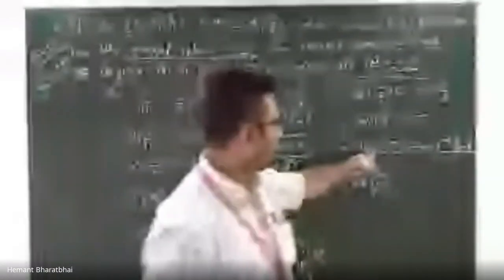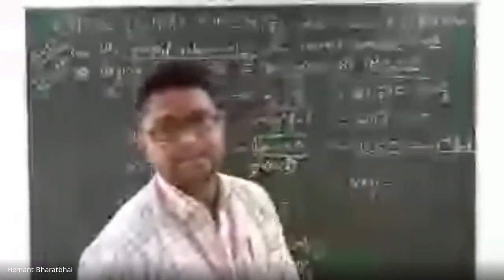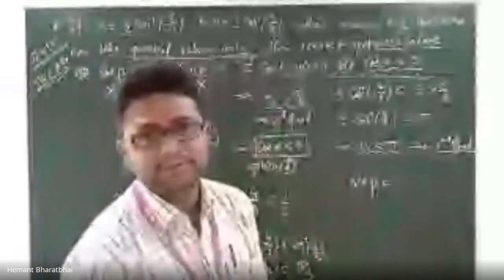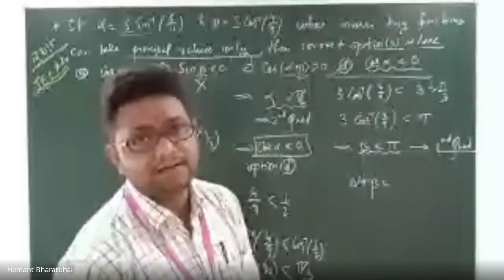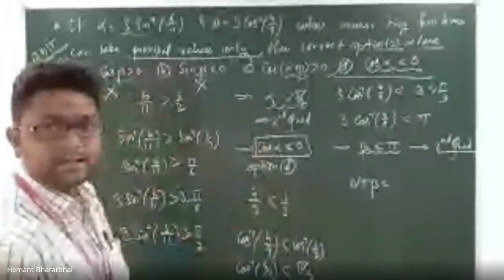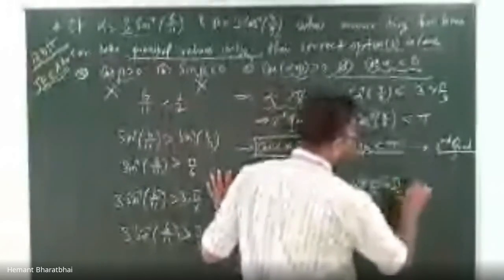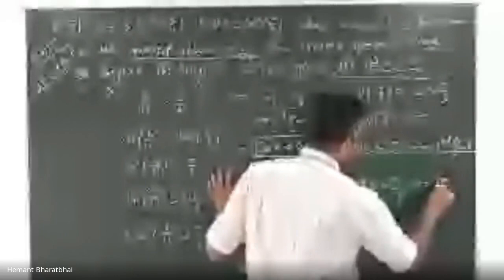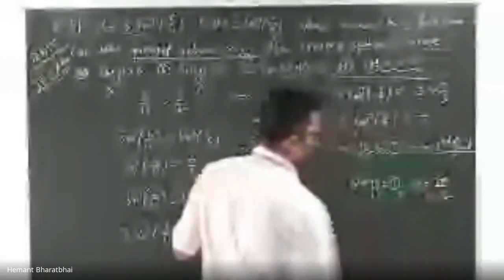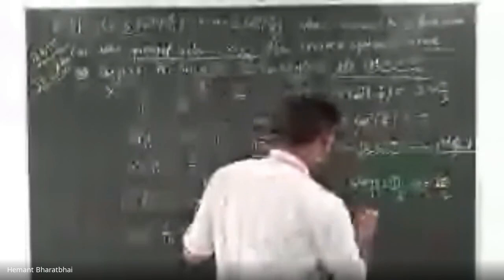Similarly, my beta is less than pi, and this 4 by 9 is slightly less than 1 by 2. It implies that my beta is slightly less than 180. It is not very much less than 180, but slightly less than 180, and alpha is slightly greater than pi by 2. If I write pi by 2 plus pi, it will give me 3 pi by 2. From the given questions, it implies that my alpha plus beta will be slightly greater than 3 pi by 2, that is 270 degrees.